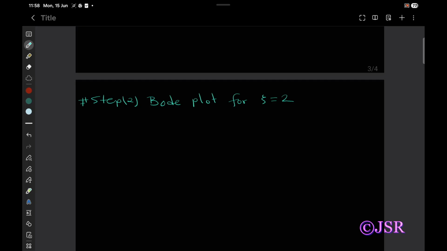So for gain plot, that is AR upon Kp versus omega tau.